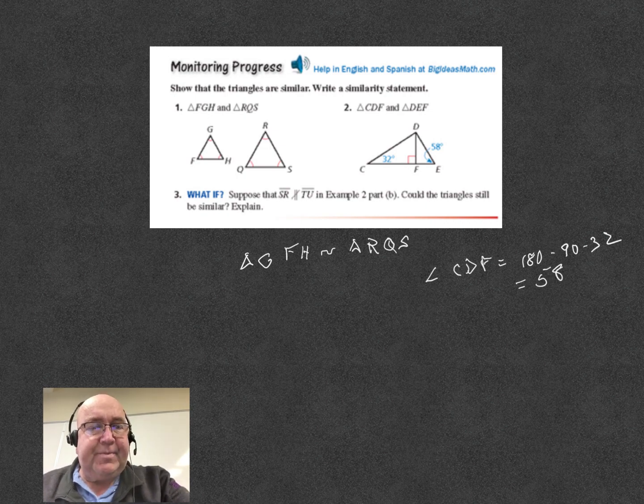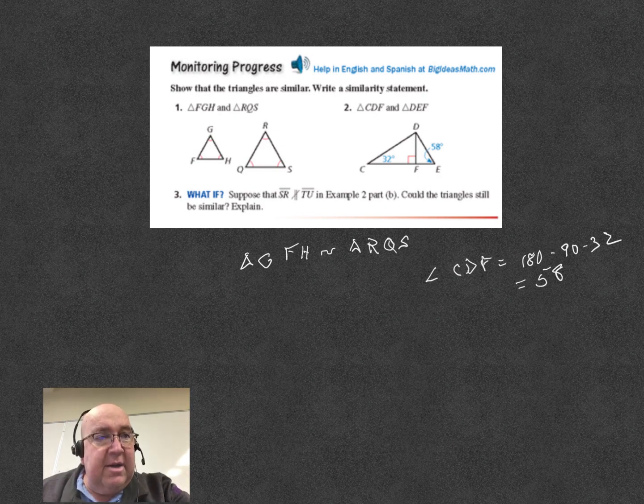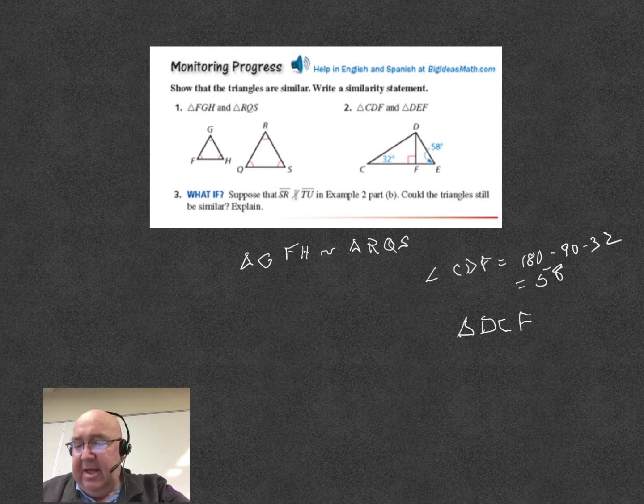So we're going to write the triangle DCF. So I'm going to the smallest side, and the last side is going to be my 90-degree angle. So I'm going to start with DEF.